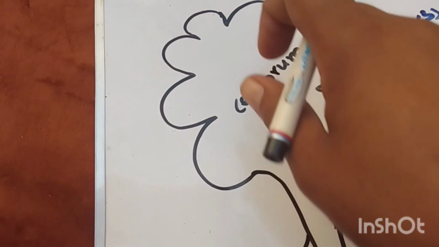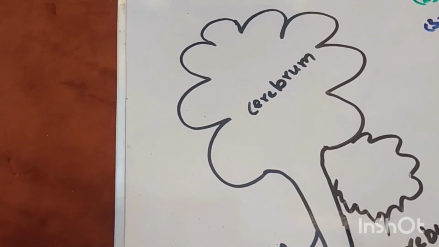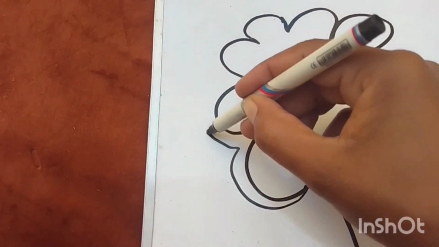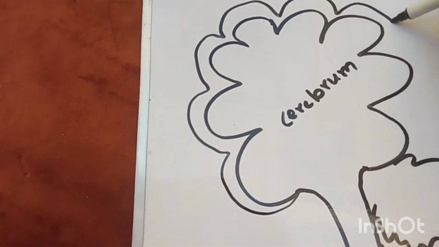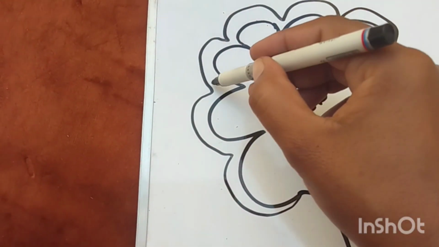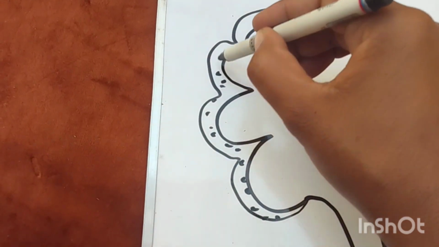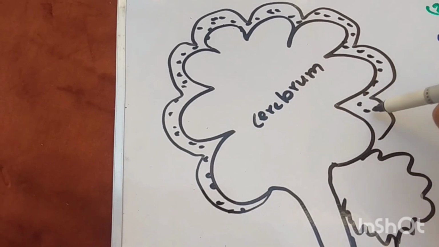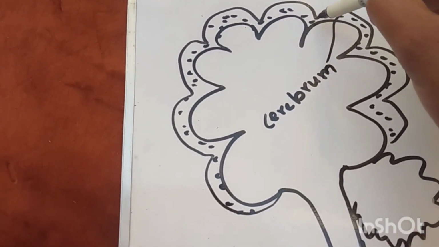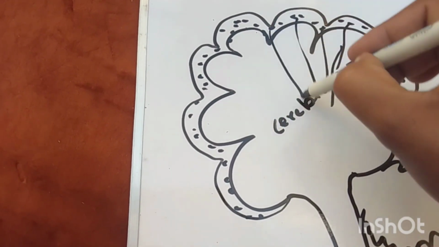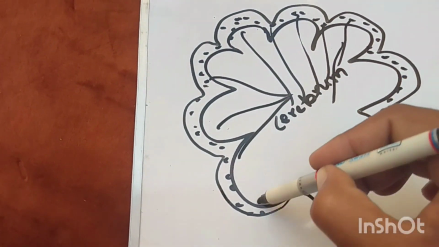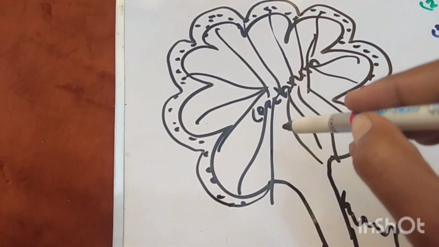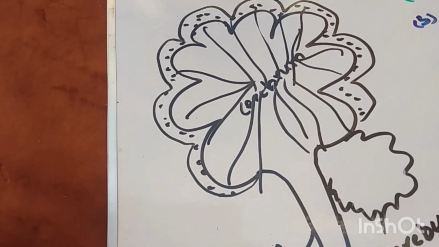So above the cerebrum, the cerebral cortex starts. The cerebral cortex consists of millions of nerve cell bodies. These nerve cell bodies send nerve fibers into the brain. These are nerve fibers: sensory nerves and motor nerves.